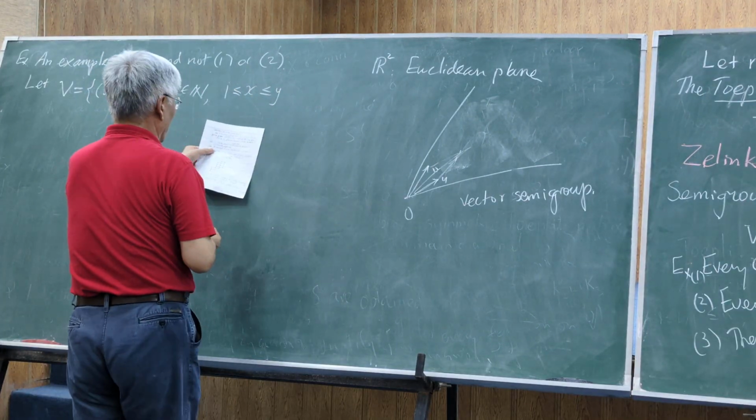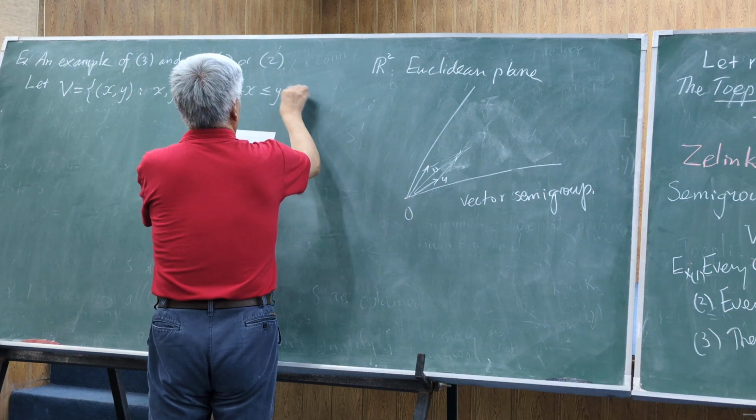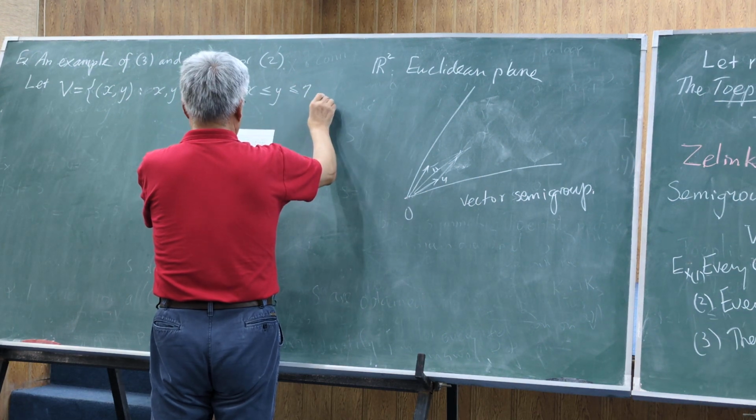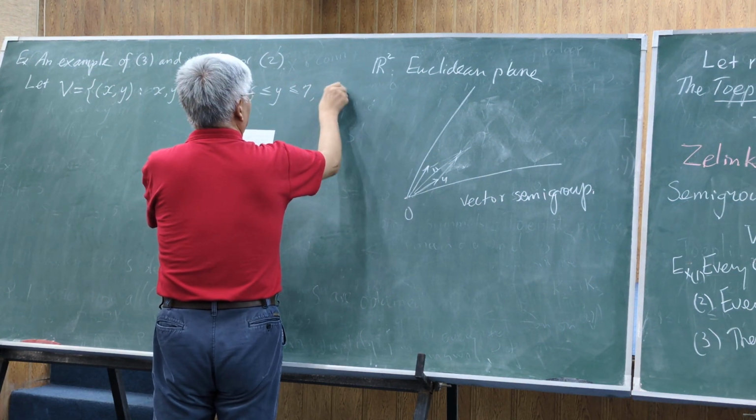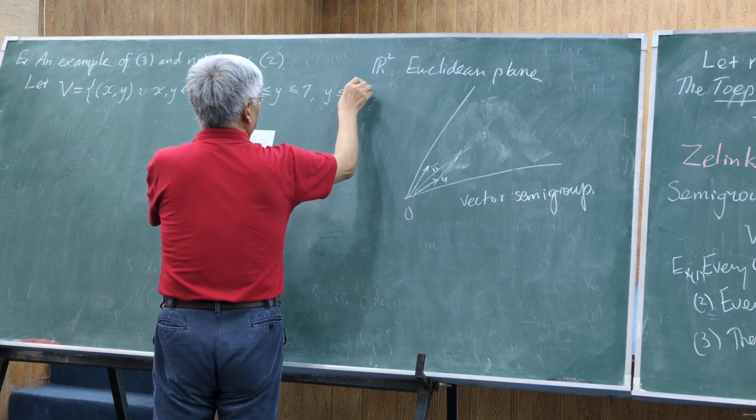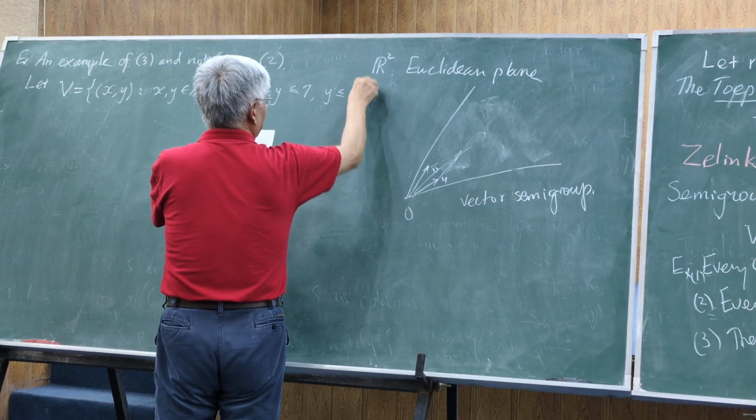Both of them are at least 1, and nothing exceeds 7. And y is not greater than 3x.